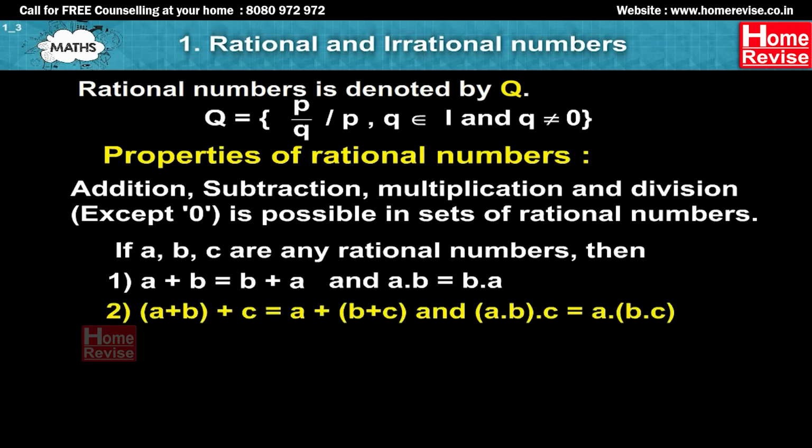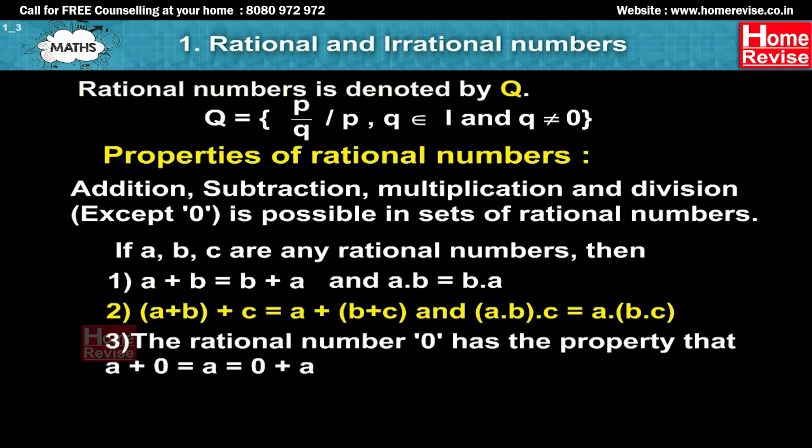Number 3: the rational number 0 has the property that a plus 0 is equal to a, and that is equal to 0 plus a. For example, 2 plus 0 is equal to 2, which is equal to 0 plus 2.